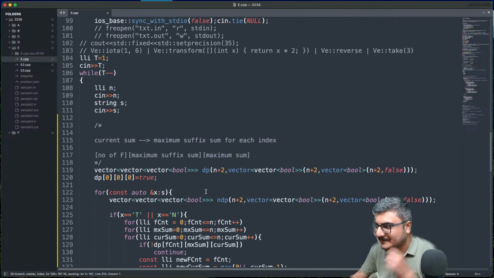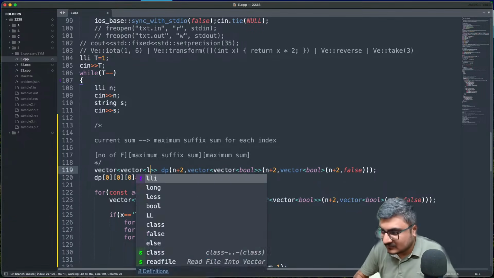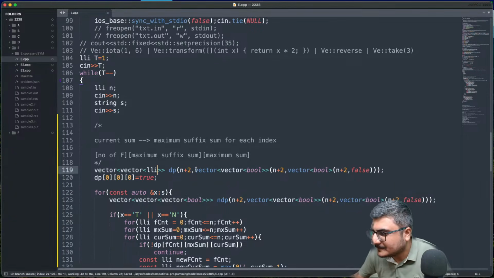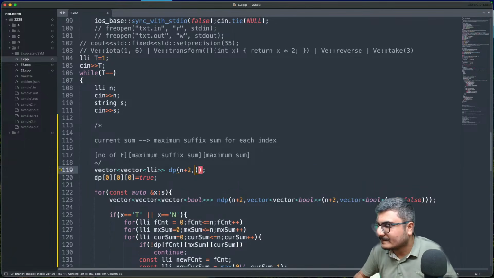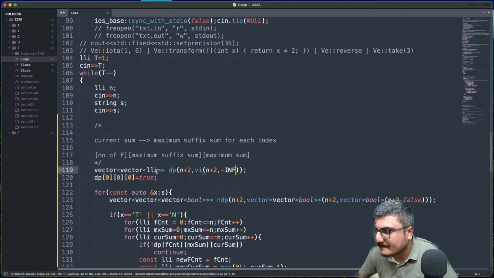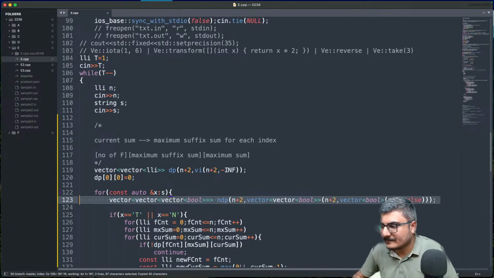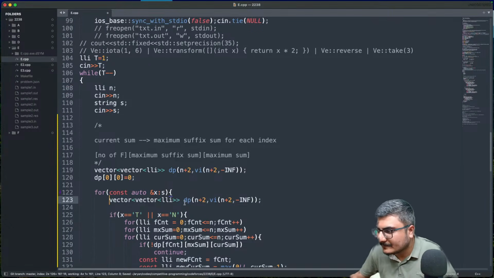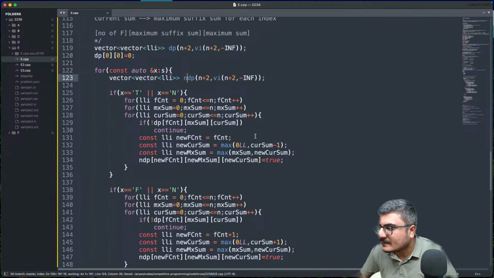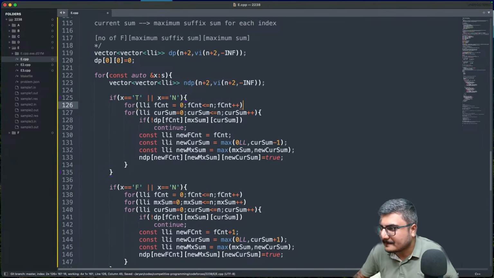So now we can go back. We can change it to a 2D. For the 0, 0, the maximum sum seen would be 0. For everyone else, we call it minus infinity because that's not possible. Maximum sum goes away.